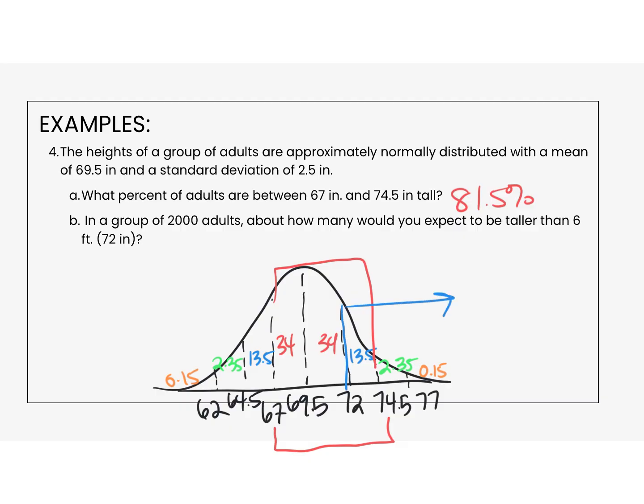So I'm going this way, right? So 13.5 plus 2.35 plus 0.15 is 16%. So it's 16% of adults, but there are 2,000 adults. So we're going to take 16% times 2,000. So 2,000 times 0.16. That would give me 320 adults out of the 2,000.